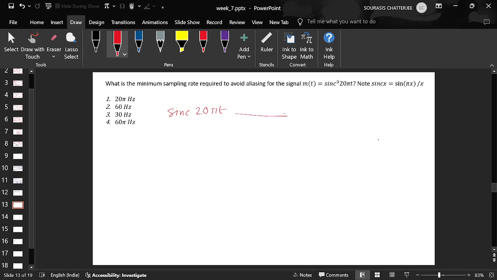So let me write it down. Amplitude we can ignore here because it's not required. So the frequency domain we are talking about.